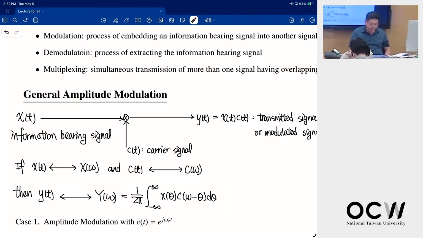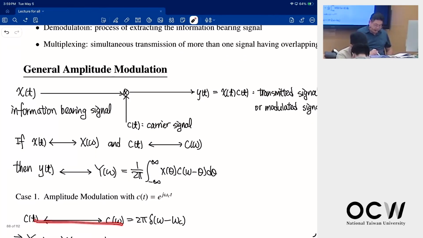Now first, let's see what is the carrier signal. So we have two cases. The first case is the amplitude modulation. With this C, the carrier signal is complex exponential. If it is a complex exponential, we know that the Fourier transform of the complex exponential is an impulse, shifted by omega c.